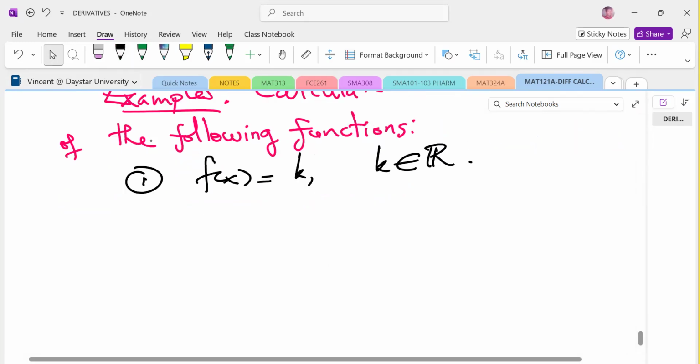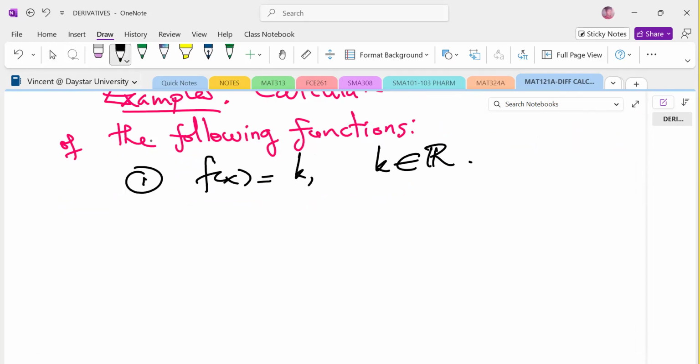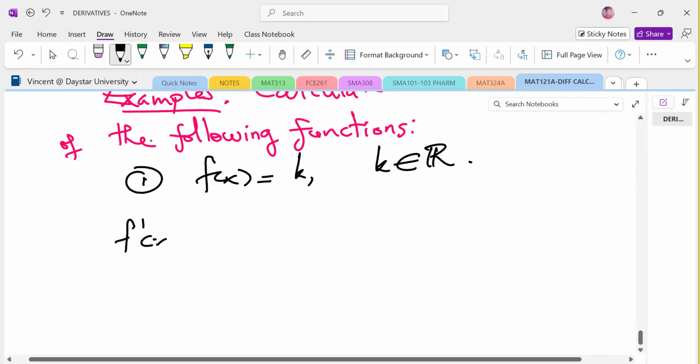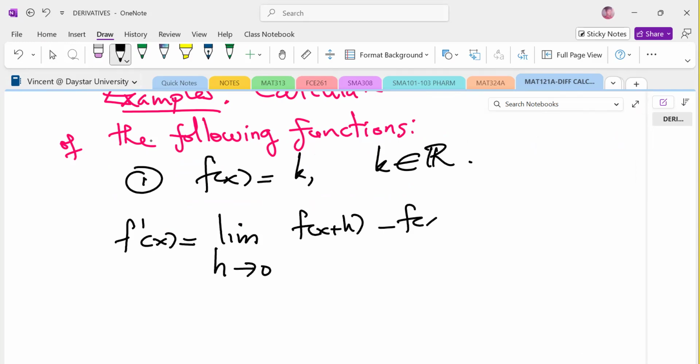So this we say f prime of x is the limit as h approaches 0 of f of x plus h minus f of x over h.